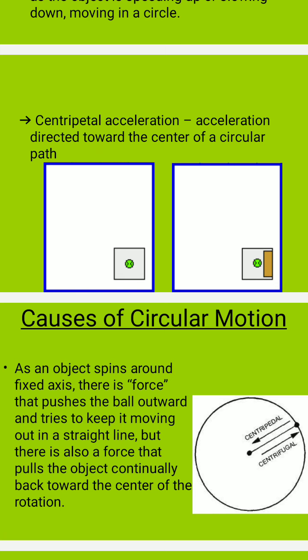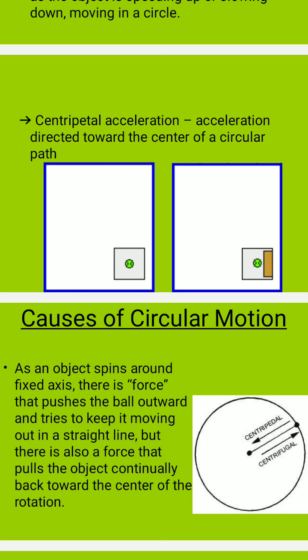As an object spins around a fixed axis, there is a force that pushes the ball outward and tries to keep it moving out in a straight line. But there is also a force that pulls the object continually back towards the center. So towards the center, it is centripetal, and opposite to it there is another acceleration, centrifugal.